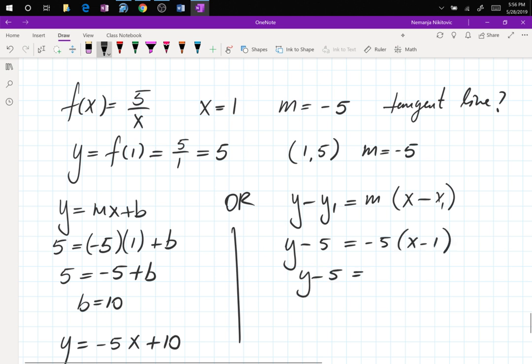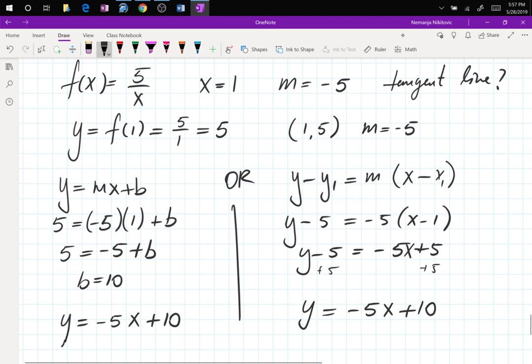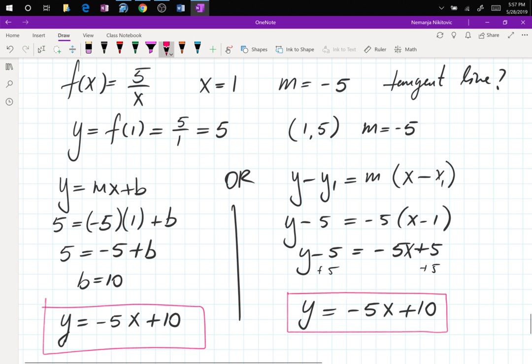So y minus 5 is equal to negative 5x plus 5, and then add 5 to both sides. Y equals negative 5x plus 10. So whatever method you like better, the goal is to calculate the tangent line, so whichever method you like better.